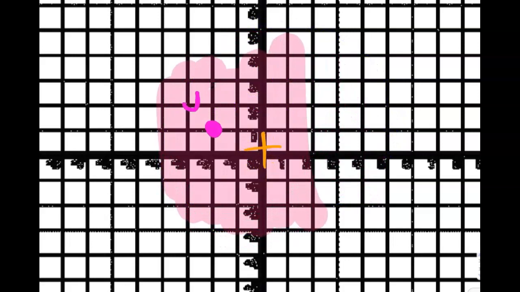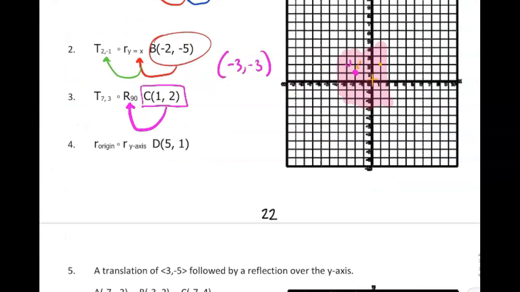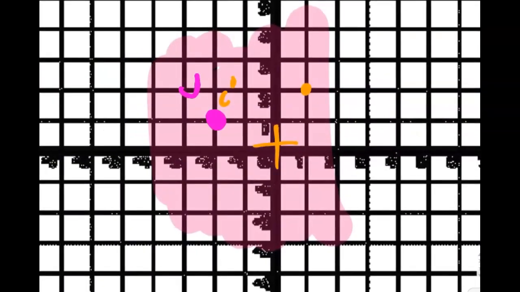So a rotation of 90 puts me at -2, 1. Now I'm going to take that and move it to the right 7 and up 3. 1, 2, 3, 4, 5, 6, 7. 1, 2, 3. And that is C double prime, which looks like 5, 4.